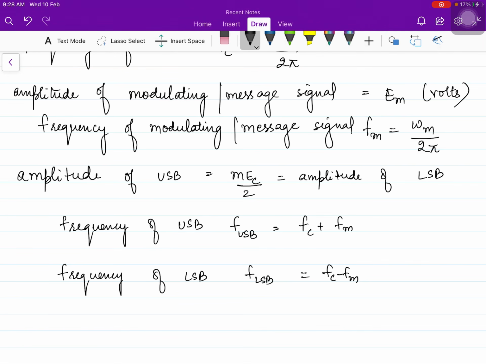First of all, we should remember the expression of the AM wave. How many terms are present in the expression? One is carrier, one is upper sideband, one is lower sideband. How to look at the amplitude and the frequencies of the different sidebands, carrier signal or message signal. So we have to understand all this.